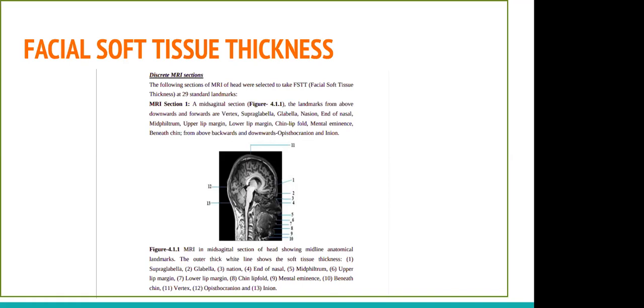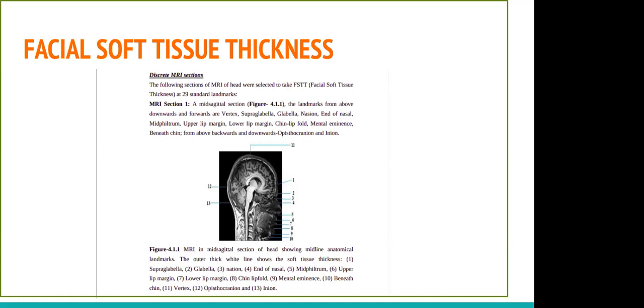tissue thickness. And there have been studies on using CT scans and MRIs, and MRIs have been reported to be a better alternative for collecting facial soft tissue thickness measurements. Because, one, CT scans are two-dimensional and multiple frames or multiple planes are not possible.